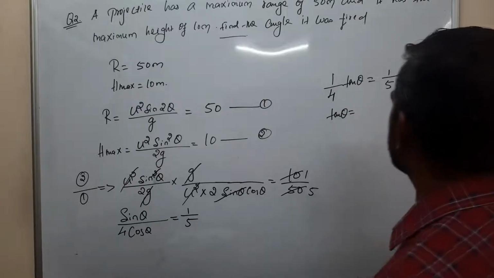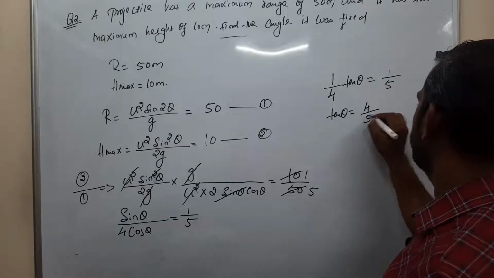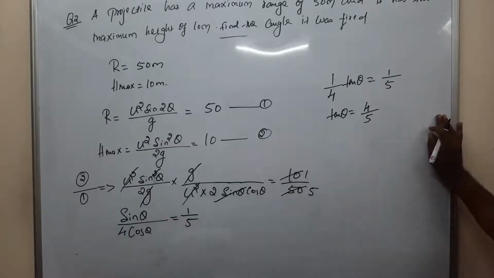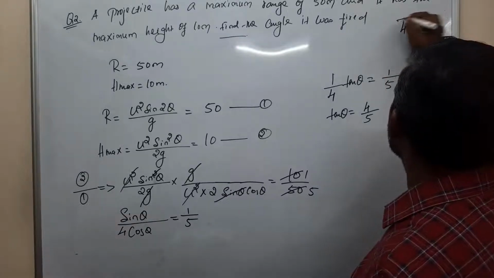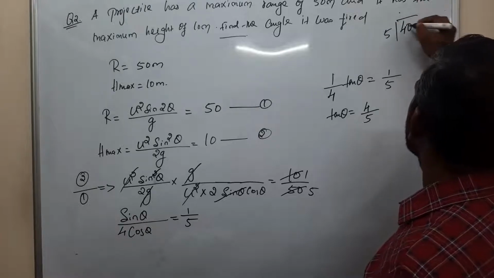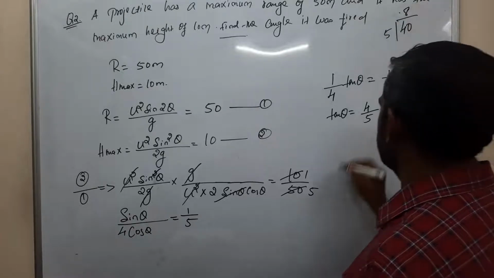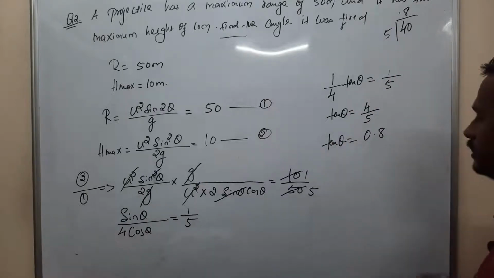So tan theta is equal to 4 divided by 5, that is 0.8.